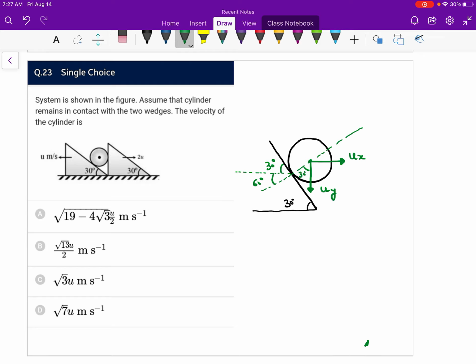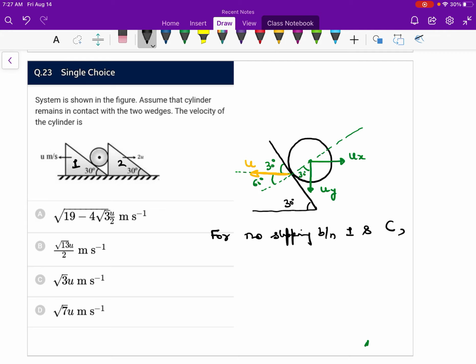All right, so this is wedge 1 and this is wedge 2. So for no slipping between 1 and cylinder, their velocities along the common normal should be same. So velocity of wedge 1 along the common normal, this is u.